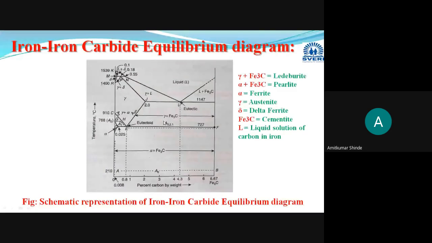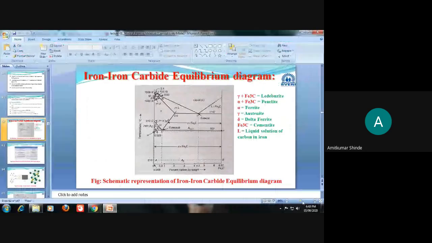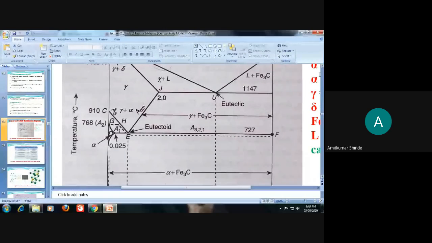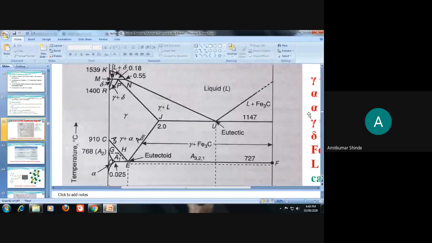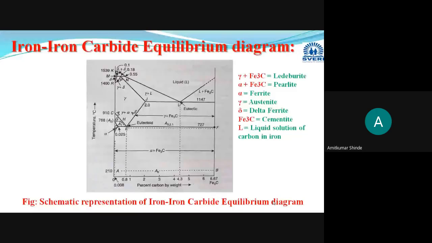Please wait for 1 minute, whether it is possible to zoom it. Okay, now I have zoomed it. I think you will be able to see this.